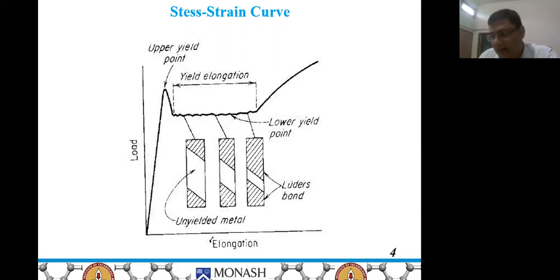Further, there is a formation of Luder's band at the upper yield point.